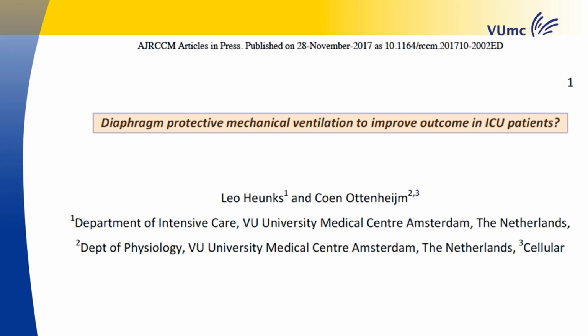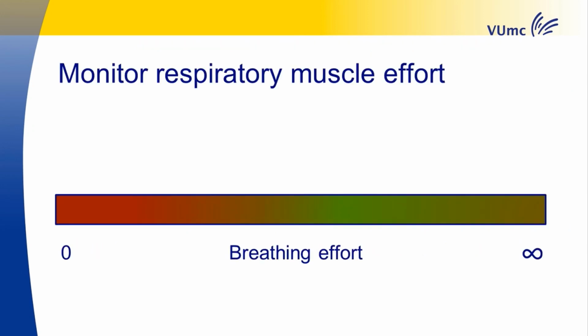But what we try to explain in this editorial is that diaphragm protective ventilation means you should aim for a breathing effort which is plus minus normal. If you can measure breathing effort, and you want to be on a partially supported mode, aim for a pressure generated by the diaphragm around 4 or 5 centimeters of water.